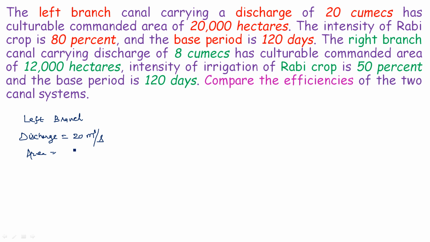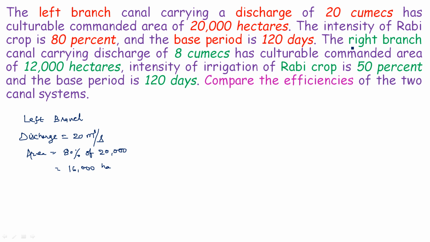So the area will be 80% of CCA, that is 80% of 20,000 hectares, which is 16,000 hectares. Now the discharge is given as 20 meter cube per second, and the base period is 120 days.